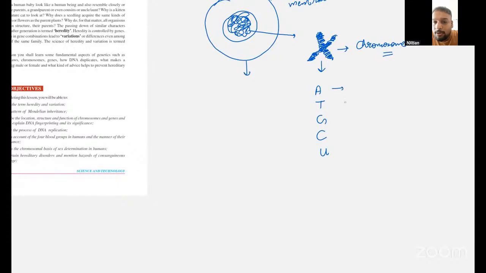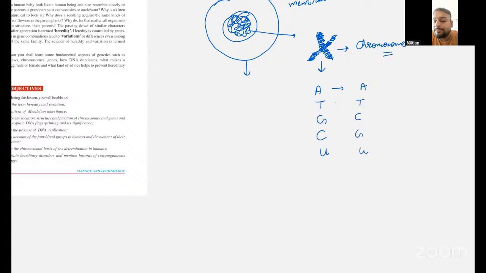When you go to the photocopy shop, you say, sir, please make a Xerox of this paper, and it will be perfect, same to same. But when DNA is copying to go to the daughter cell, there is always some error in it, and the error leads to the variation, like ATCGU.